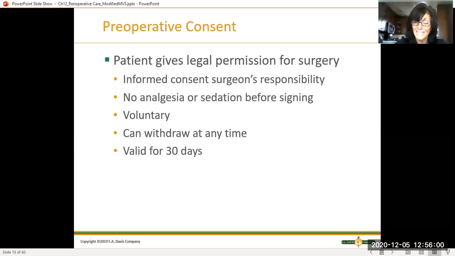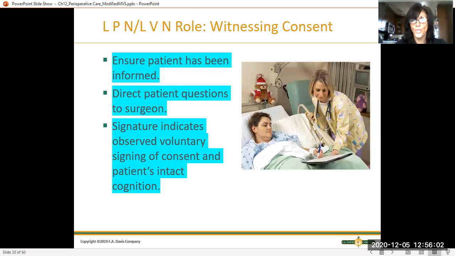You are witnessing. So what is your job? You are just witnessing the fact that the patient has been informed. You can't really answer questions about the procedure because you're not the one doing it. The surgeon has to do that. But your signature as a witness means that you observed the patient voluntarily and of free will and with no cognitive impairment that they signed.